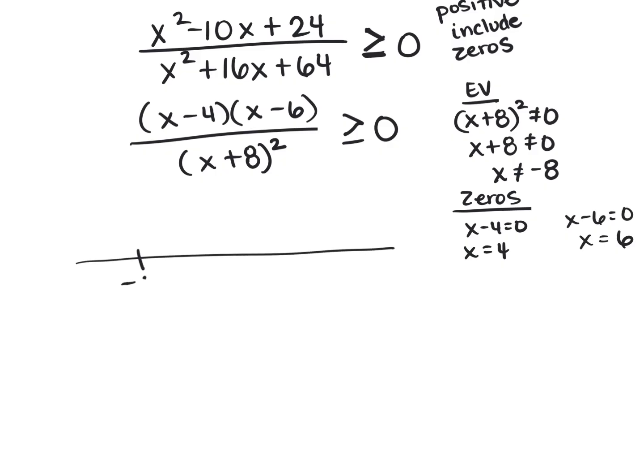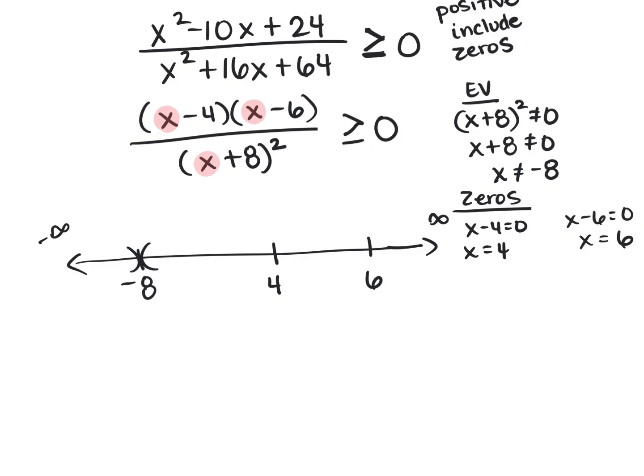So I have negative 8 cannot be included. 4 can be if that's part of my solution set, and 6 also can be if it's part of my solution set. All right, so we're negative infinity out here and positive here. Switch over to red because now we're using our test values. Now the test values are going to go here and here.